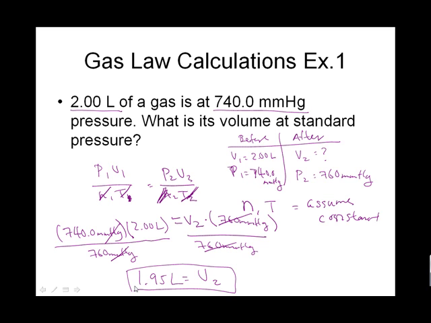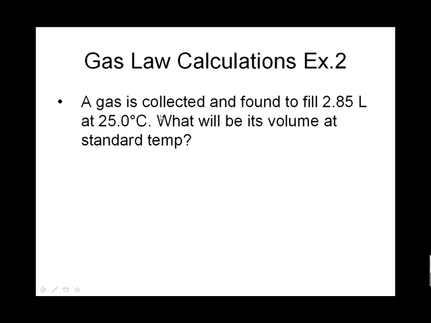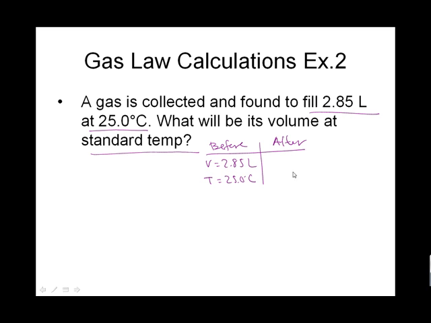To go into a second example, I have a gas that is collected and found to fill that much volume at this temperature. What will be its volume at the standard temperature? So here is my before, here's my after. Before, the volume is 2.85 liter, and my temperature is 25.0 degrees Celsius.